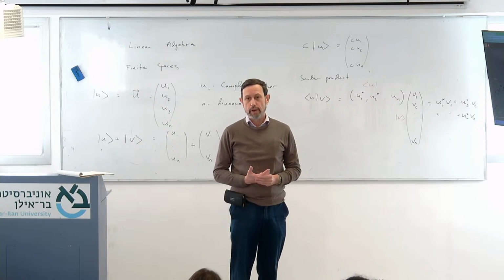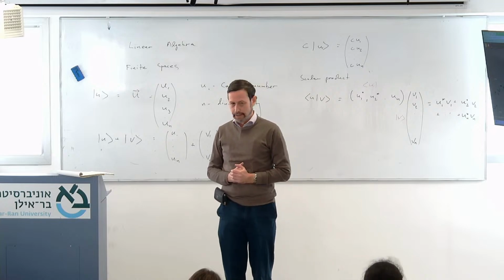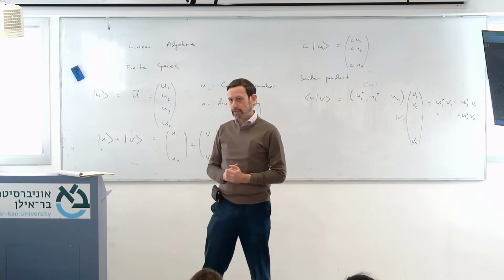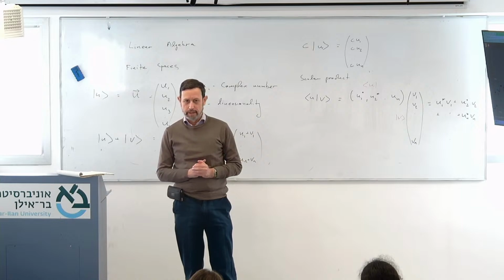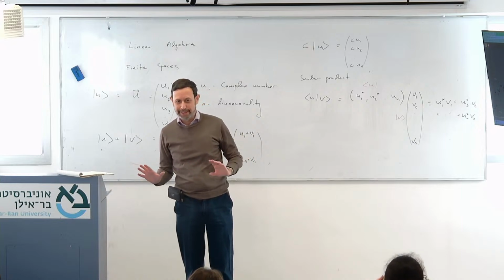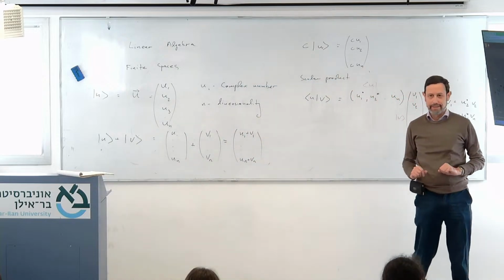There is also an outer product of both vectors. Does someone know what is the result of an outer product? A matrix. But as I said, in the first semester, we don't need it. We need only a scalar product.